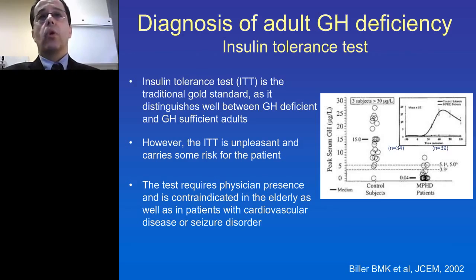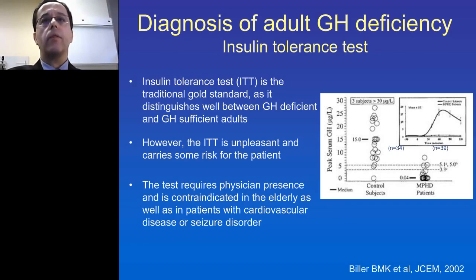Insulin, of course, will cause hypoglycemia if given in sufficient doses. And in healthy individuals, we can see that insulin-induced hypoglycemia rapidly induces growth hormone secretion. In contrast, patients who are growth hormone deficient show no growth hormone secretion after insulin administration.